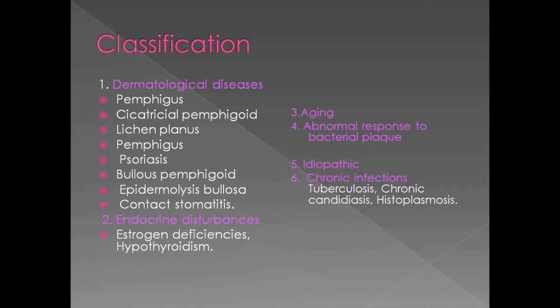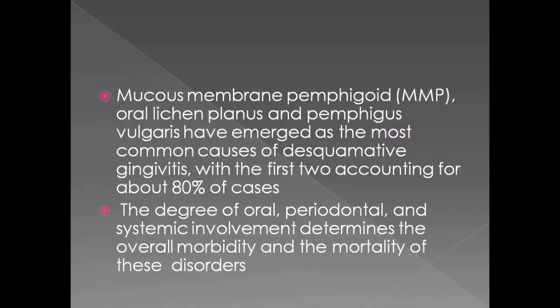It is associated with aging, abnormal response to bacterial plaque, various idiopathic conditions, and chronic infections like tuberculosis, chronic candidiasis and histoplasmosis. Desquamative gingivitis might be seen in these various conditions.